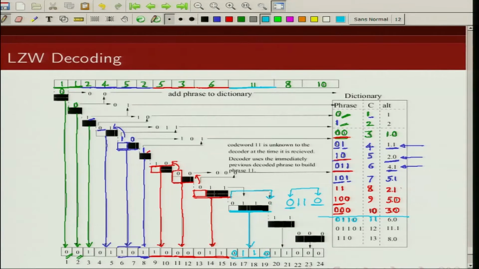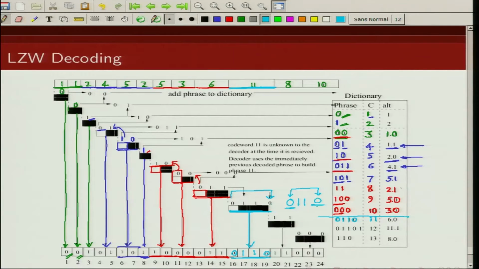So if you encounter a situation where a dictionary code word has come up and it's not there in the dictionary, that means you are using a phrase which has just been added to the dictionary. So in this case, we had this 0 1 1 which is the phrase which just occurred. So the new entry should be of the form 0 1 1 and some new symbol.